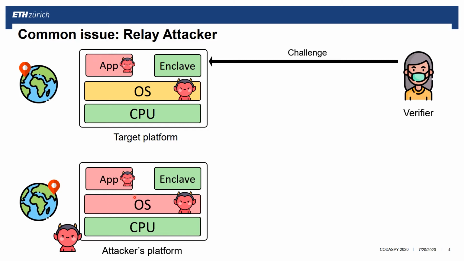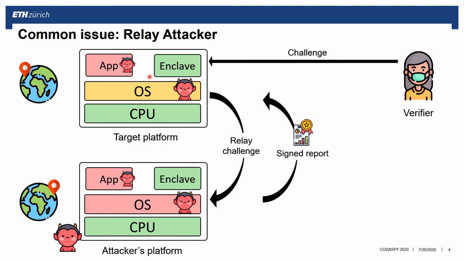So you issue a challenge, but rather than computing the attestation report on the target platform, the target platform relays the challenge to the attacker's platform. The attacker platform computes the attestation report there and sends the signed attestation report back to the target platform, and the target platform hands over the signed report to the verifier.